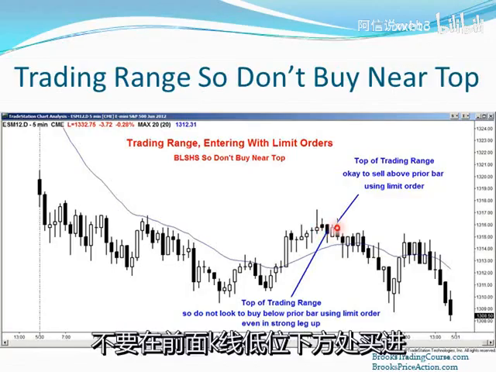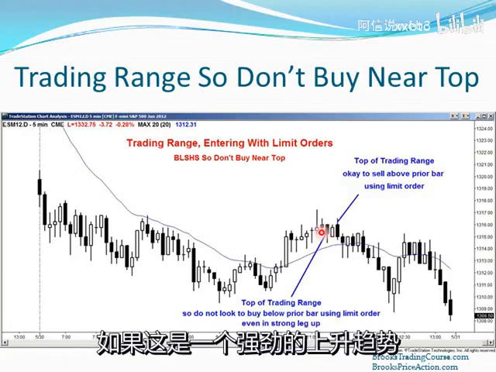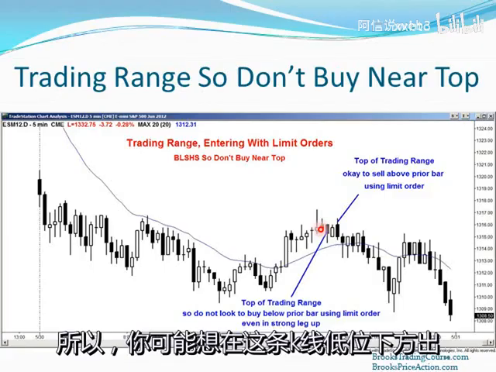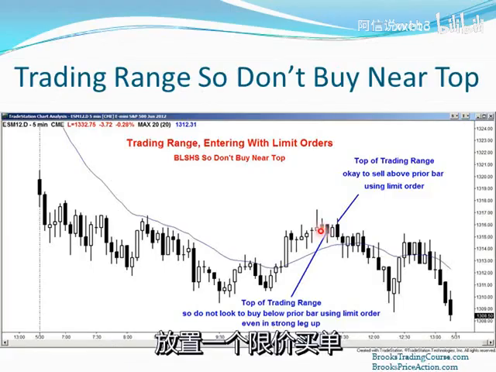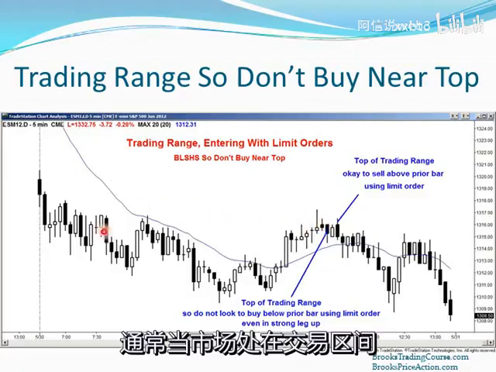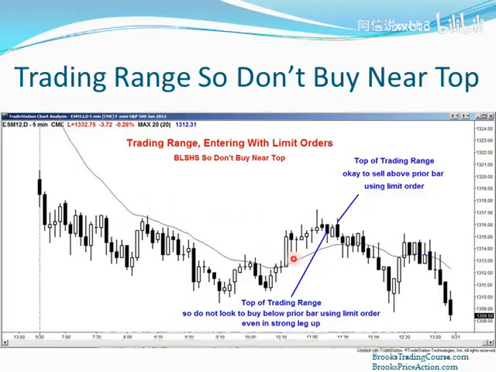Top of a trading range, do not look to buy below the low of the prior bar. If this was a strong bull trend, you'd say, wow, it's going to go up a lot higher, therefore I'm going to be clever and I'll place a limit order to buy at the low of this bar, betting that the market will go higher. In general, when the market's in a trading range, you want to buy low, sell high.